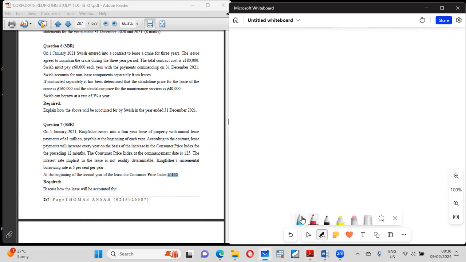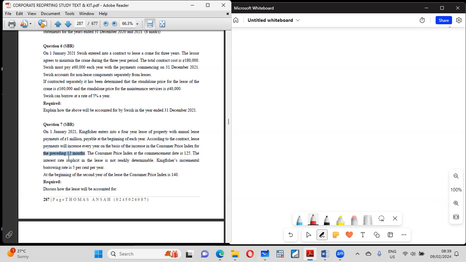So now let's look at these questions. It says that King Fire enters into a 4-year lease per property with an annual payment of 1 million payable at the beginning of each year. That means that the first one was also paid here. According to the lease contract, payment will increase every year on the basis of the increase in consumer price index for the preceding 12 months.